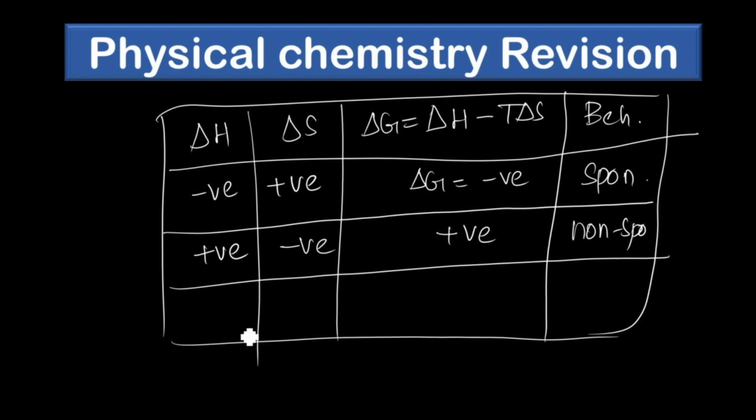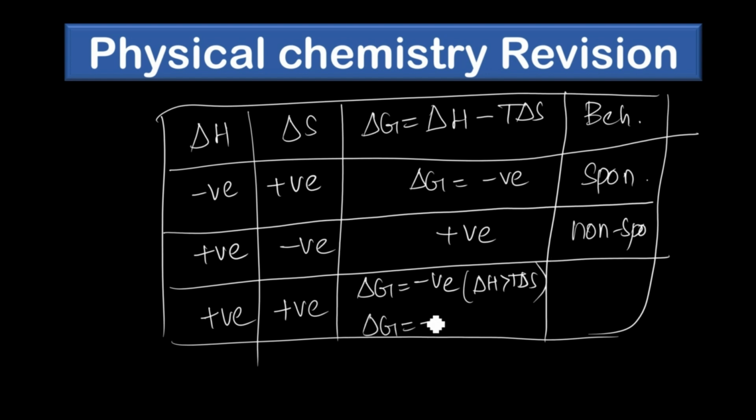Then delta S is positive, delta H is also positive, then delta G becomes negative if H is less than T delta S. Delta G becomes positive when H is greater than T delta S. So if that is negative, then that is spontaneous. If that is positive, then that becomes non-spontaneous.